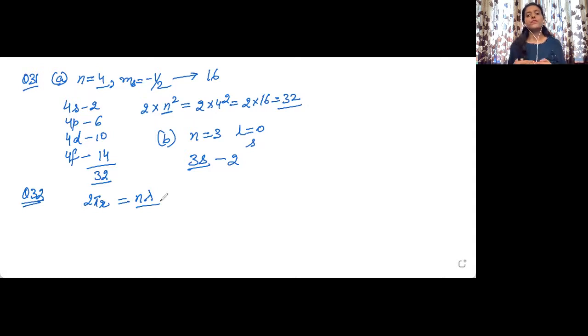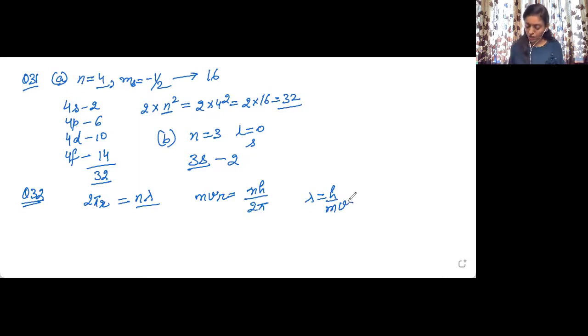If we consider the postulates of the Bohr model of an atom, the angular momentum postulate, where we talk about quantization of angular momentum, gives mvr equal to nh upon 2 pi. According to de Broglie, the wavelength is given as lambda equal to h upon mv.